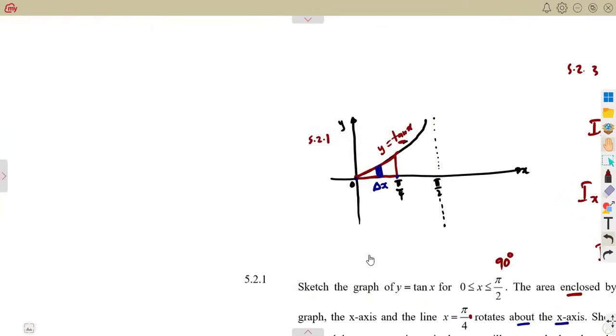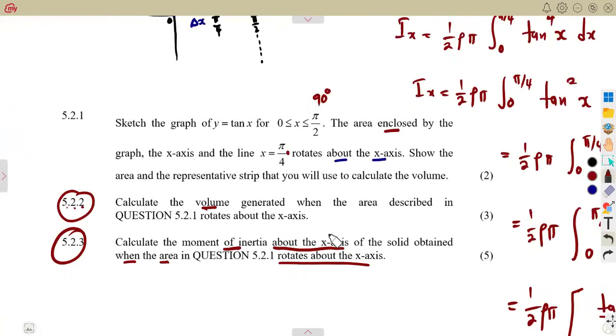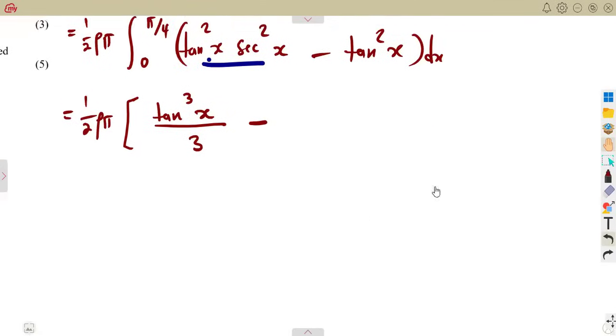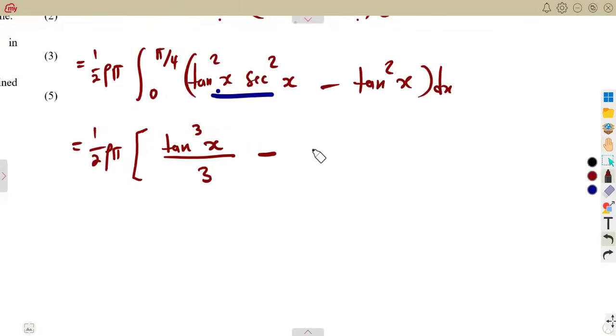You still remember? It's only that I erased, but when we were talking about the volume there, we integrated a tan squared and we got something like tan x minus x. So remember there, when we integrated this, it is going to be a minus like this. When you integrate tan squared, remember it gave us tan x minus x.